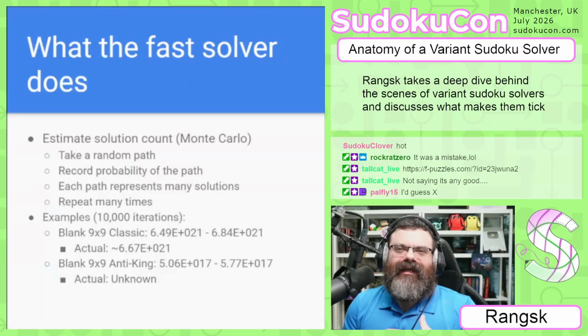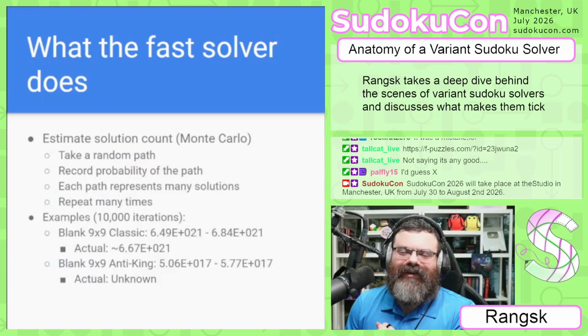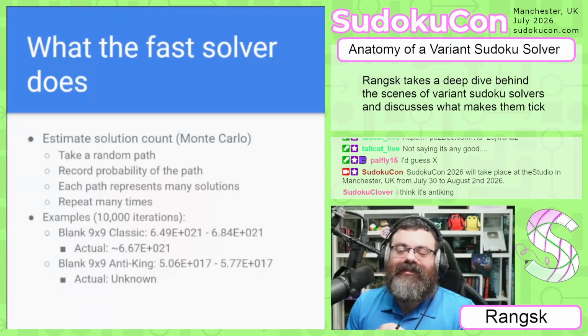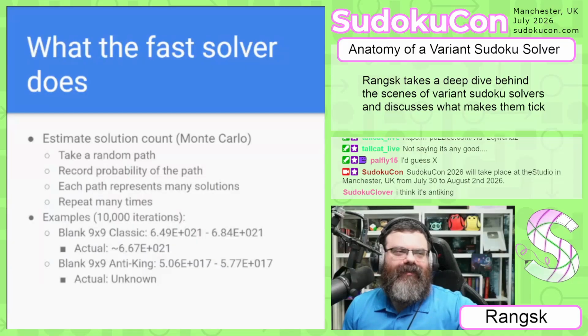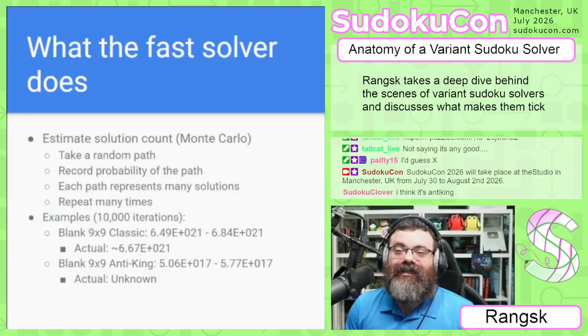Now, all attempts at exploring this before this feature made them seem extremely close in number of solutions, and no one could tell. They both had too many solutions to get the exact count, so there was no way to quite know the answer. Now, what this uses is Monte Carlo methods.